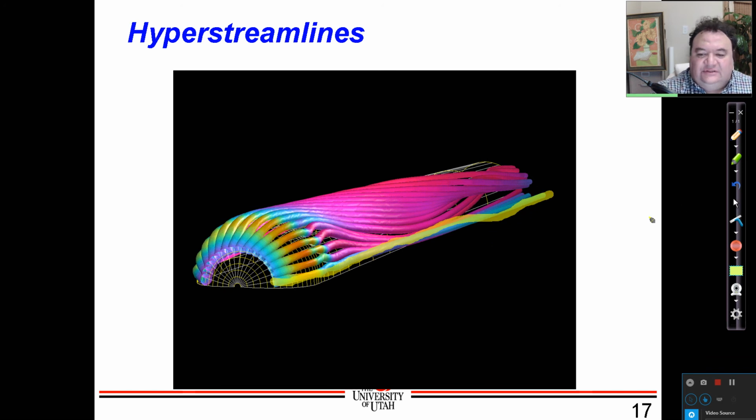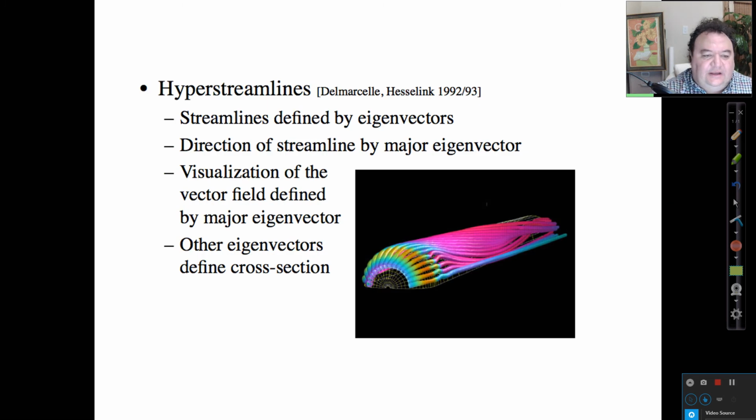But then those are cylindrical in nature, and the transversal information in the cylinder can be computed by the other eigenvector. And so, as indicated, the main direction of the streamline is in a traditional way. In a way, it's similar to what we would call a stream tube.